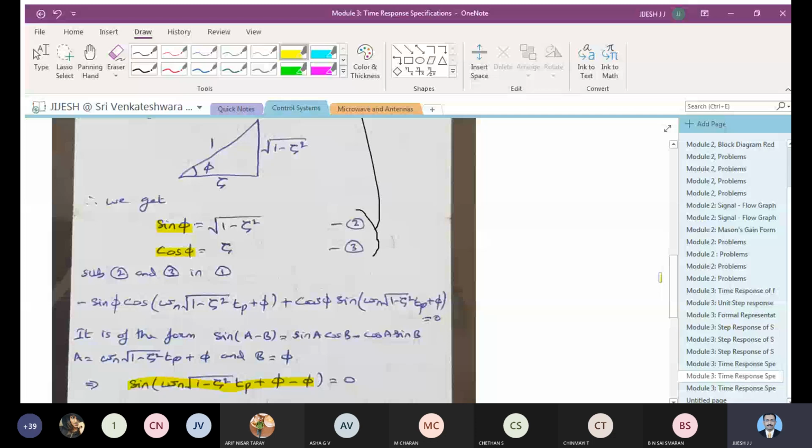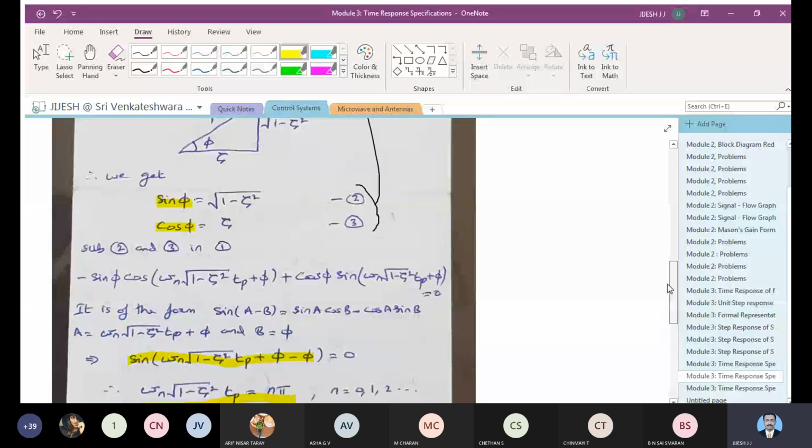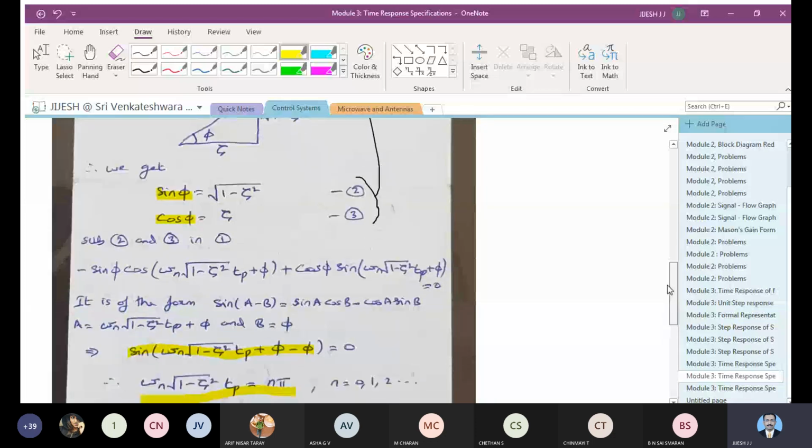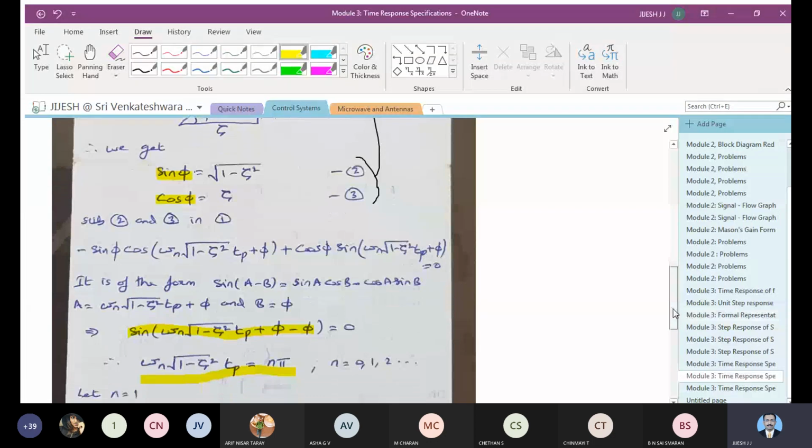So we solved that sine of this plus phi minus phi is equal to 0. Then omega and root of 1 minus zeta square Tp is equal to n pi. So from this we got Tp is equal to pi divided by omega and root of 1 minus zeta square.